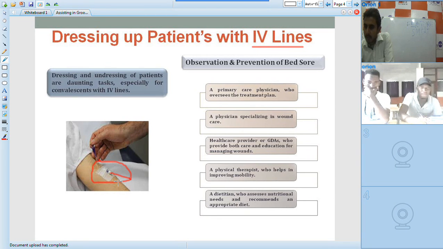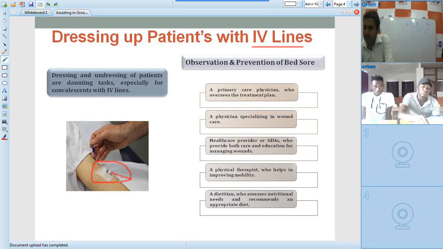So it is inserted once when the patient is admitted to the hospital, and according to the requirement, if the requirement of this IV line seems to be completed, then only it can be pulled out from the veins of the patient.